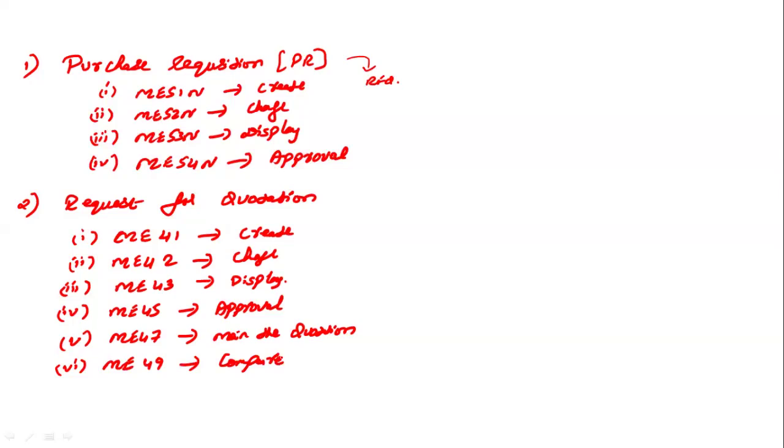So once the RFQ is finalized and the vendor is finalized, the buyer will convert the purchase requisition into a purchase order with reference to the quotation. To convert that, there are some transactions for creating the purchase order also.